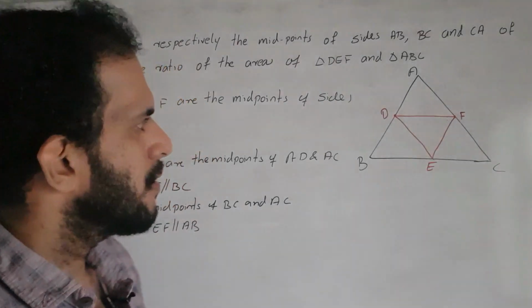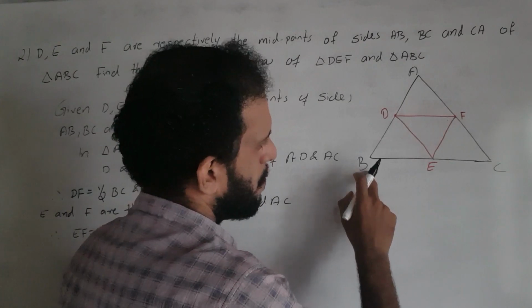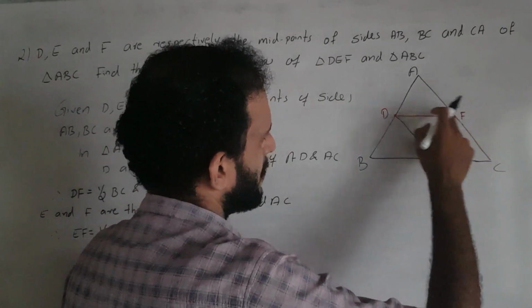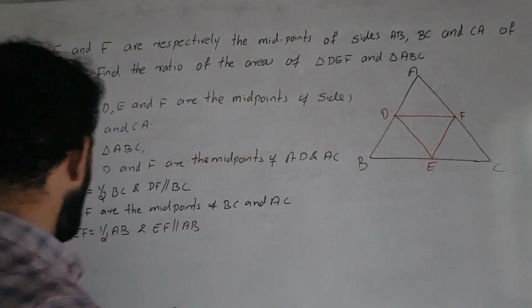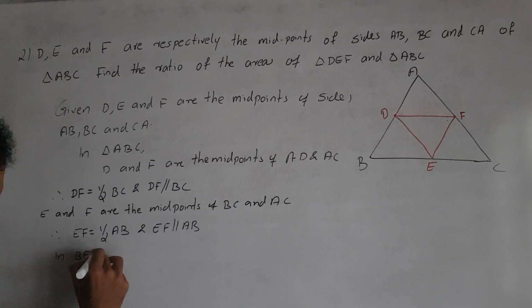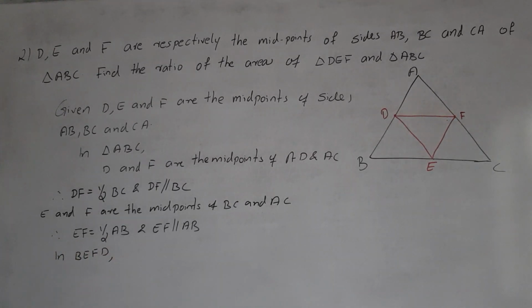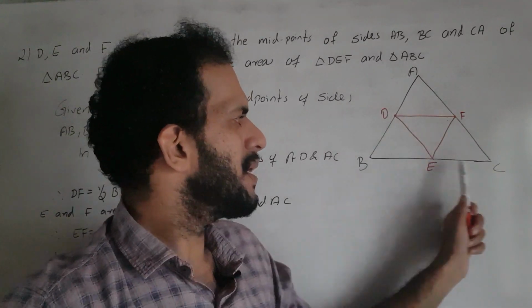Okay, then next, if we join like this, we get one quadrilateral here, BEFD. So next we start with BEFD. It is very clear DF is parallel to BC.